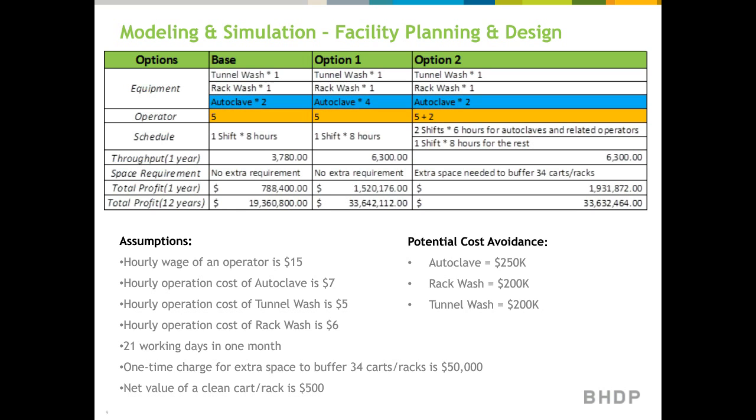And what's really important there is you can see that the base option, in 1 year, the throughput was about 3.8 million units. Option 1, about 6.3, with two additional autoclaves and facility modifications. But just by adding a second shift, with no new equipment, you could get almost that same doubling of the throughput through that operation.